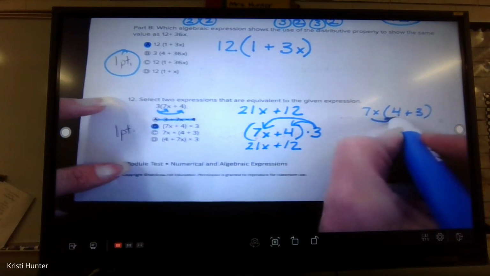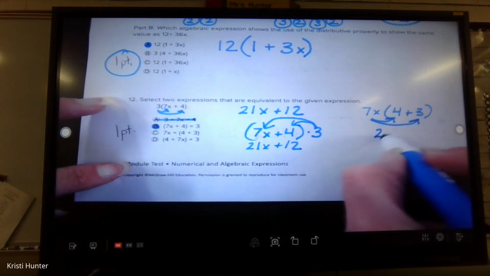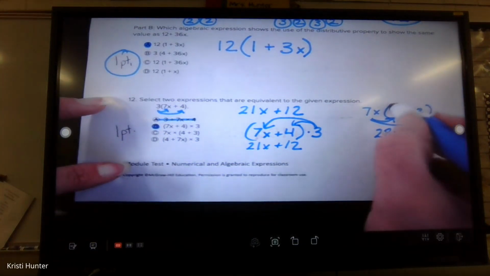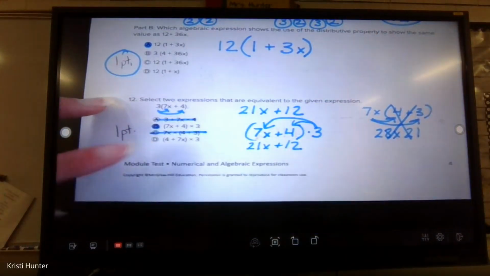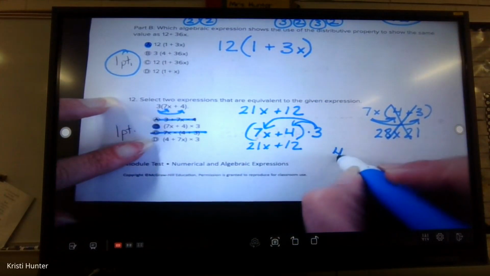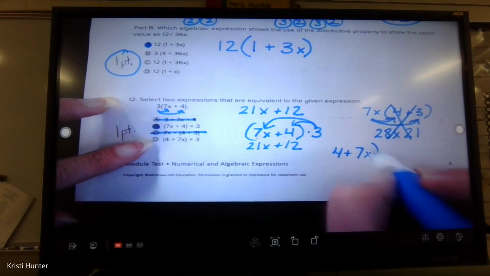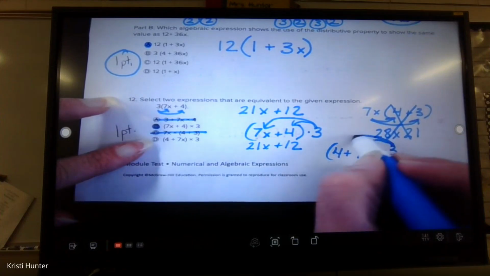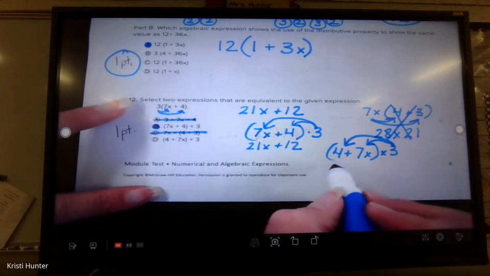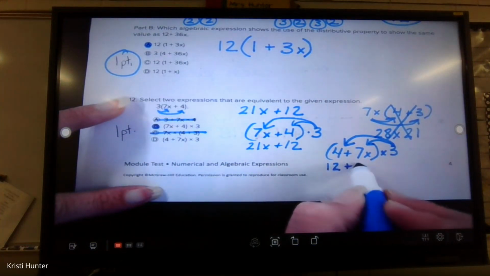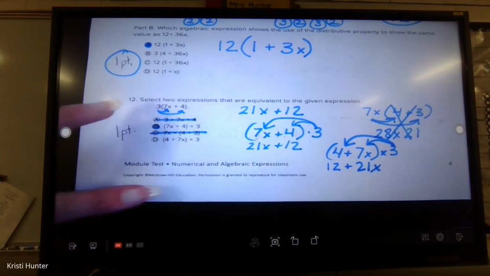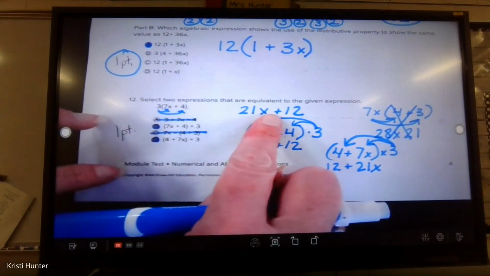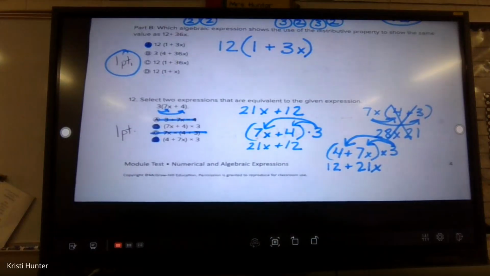So if I would distribute that, I would have 28x plus 21, which is not the same thing. So hopefully this one's right. This one has a times 3 at the end, which again, just means pass the 3 out to each of the pieces. So I would have 12 plus 21x, which we have the same thing. Remember, it's addition, so it can be in reversed order.